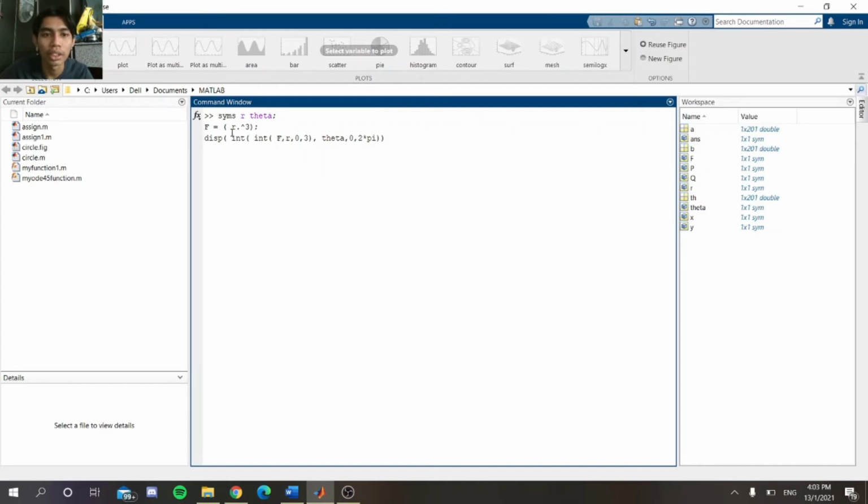Then we solve for it, where our f will be r cubed. Then we do the double integral, where the limit for radius is 0 until 3 and the limit for theta is 0 until 2 pi. Then we get our answer, 81 pi over 2.